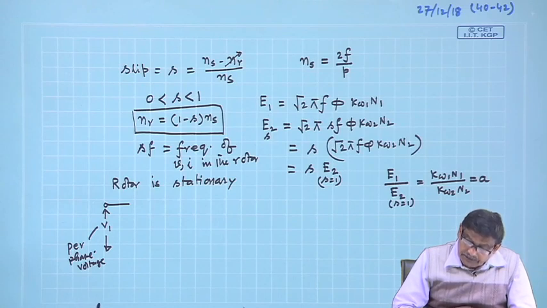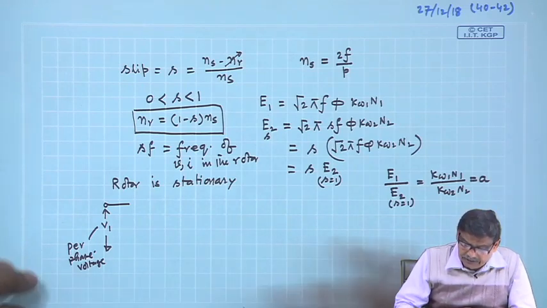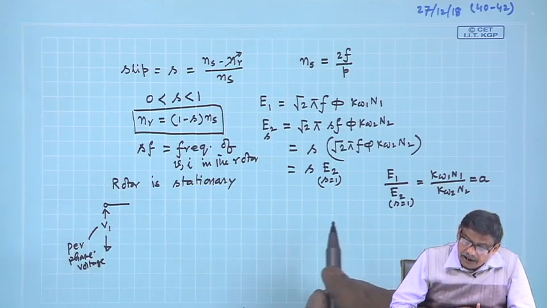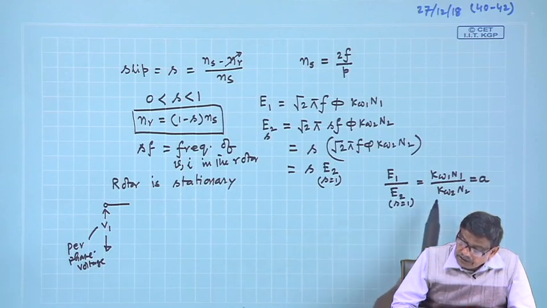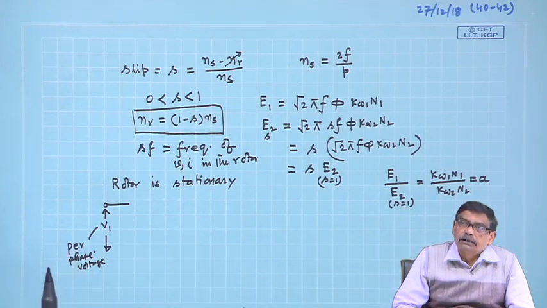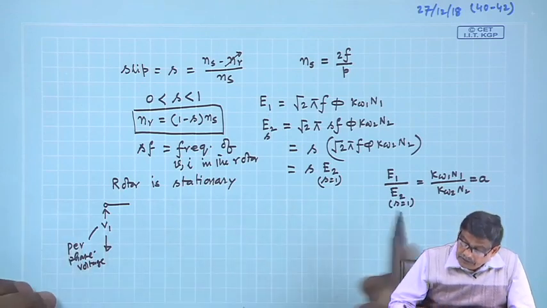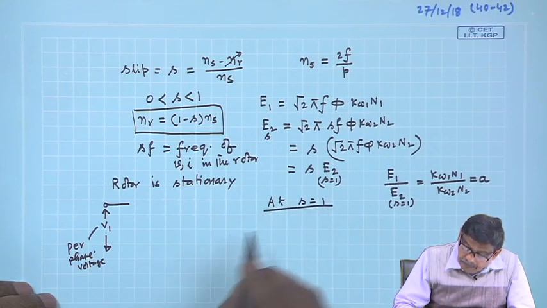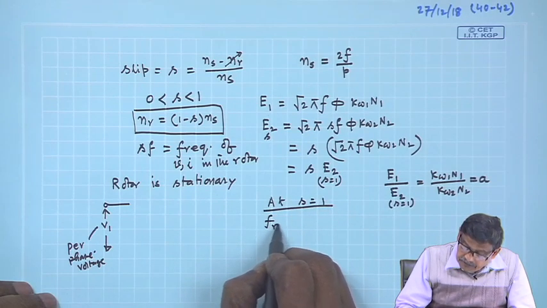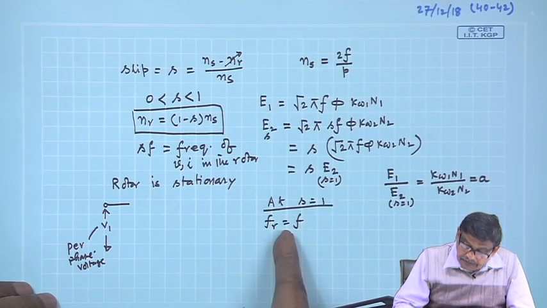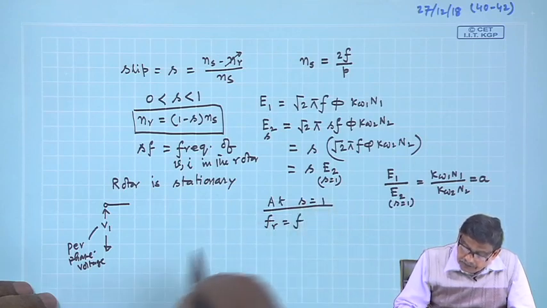Now, let us try to understand. At s equal to 1, I know the induced voltage in the rotor circuit is E2 at s equal to 1, and the frequency of the rotor current is also f. So, at s equal to 1, fr is equal to f, because s into f with s equal to 1. Standstill condition means s equal to 1.